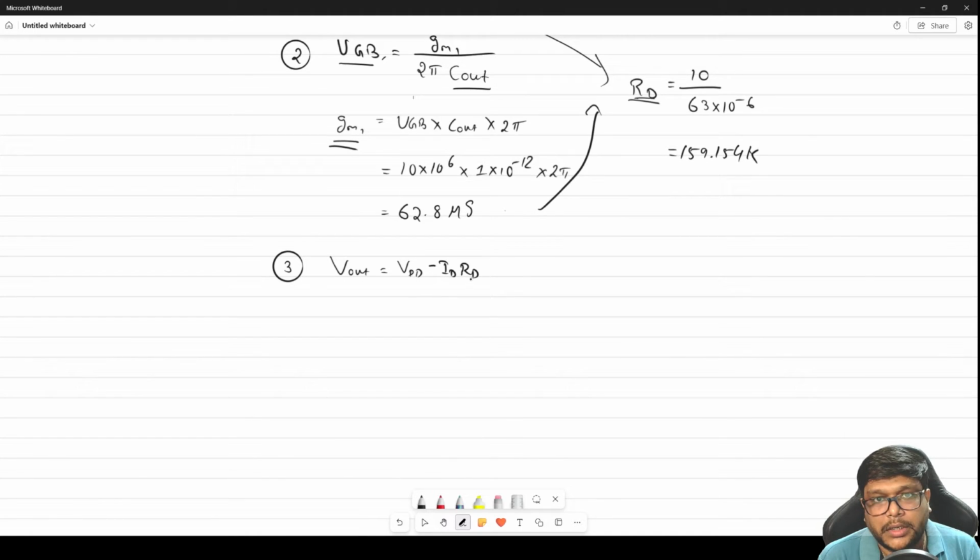Similarly, since we know our RD, we can find our ID, that is the required current for this structure. So for maximum gain we'll find what the need of Vout is. What is the Vout? Vout is simply VDS1 here. Okay, so we need to find for what VDS1 we are getting maximum gain.